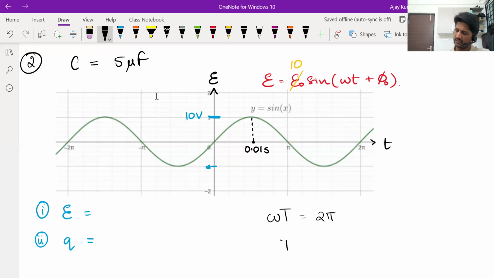Yeah, indirectly you are saying time period is 2 pi by omega. Okay. And then, do you know the time period? Or can you get the time period by looking at the graph? Isha, any idea for deriving omega?